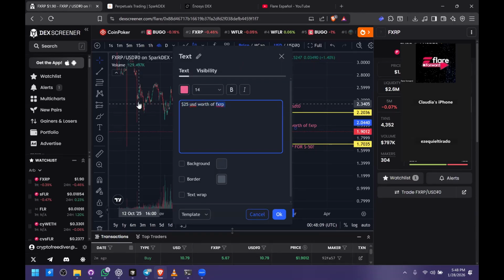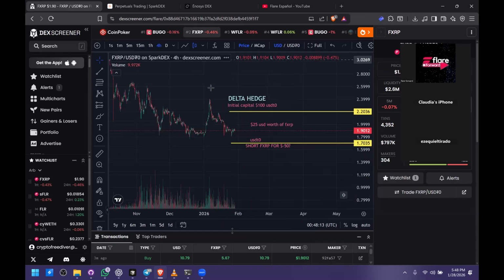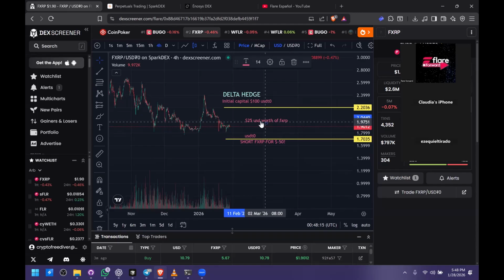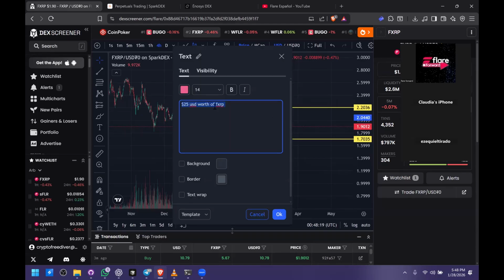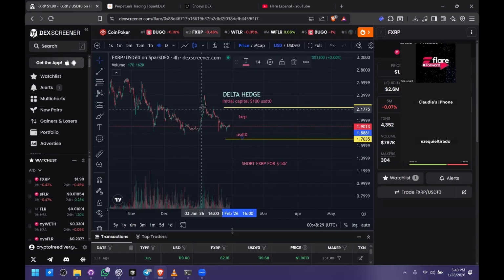I'm assuming whenever you get out of range, that's when you have to re-enter. Correct. So if I get out of range, let me just fix this. For example, if I get out of range here, as you can see, I would have been out of range, but then right away would be in range again.